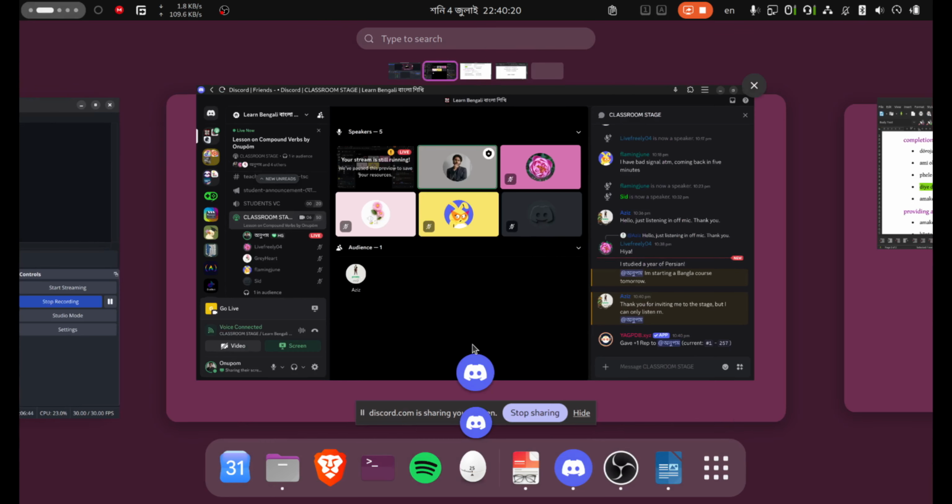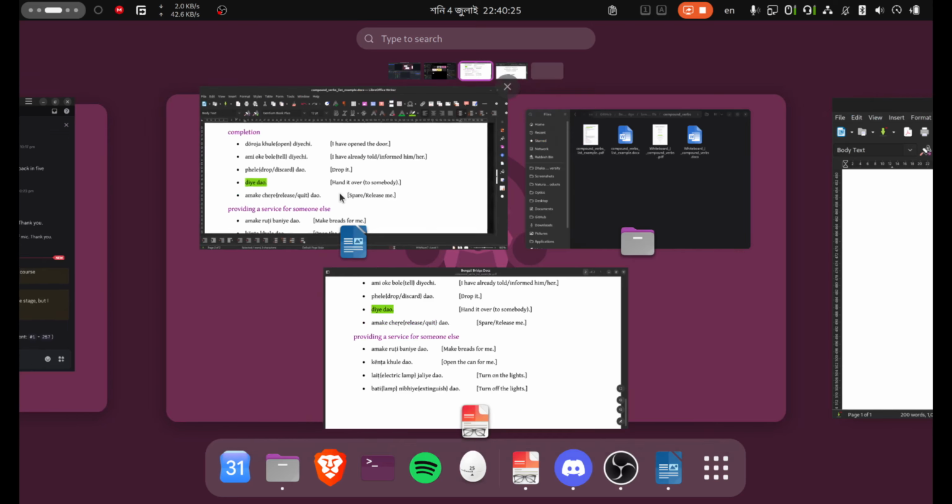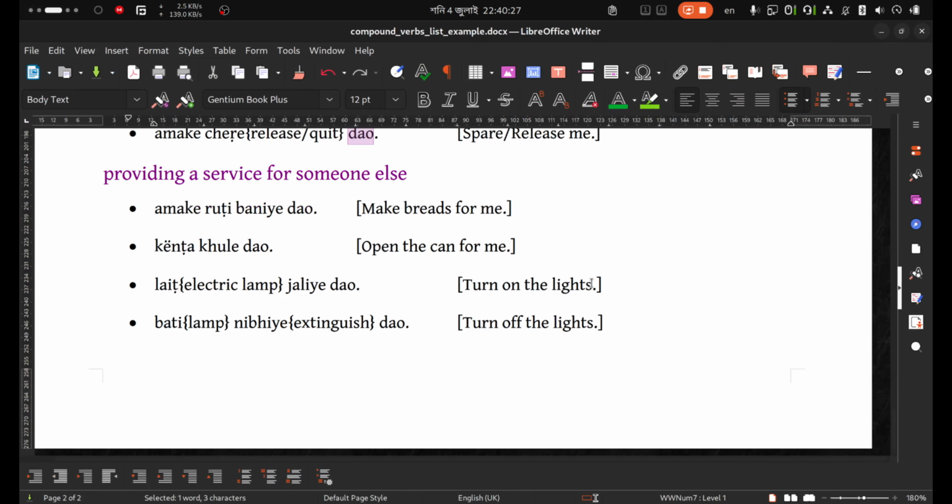Okay, I am adding "for me" to this sentence. I think I should put it in brackets if we want to consider it a service. Turn off the lights for me. Turn on the lights for me.